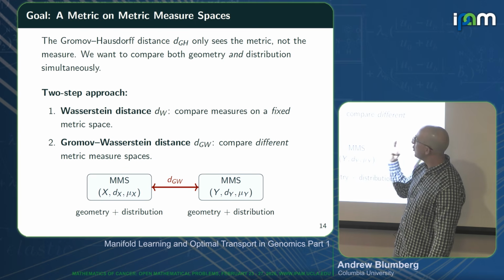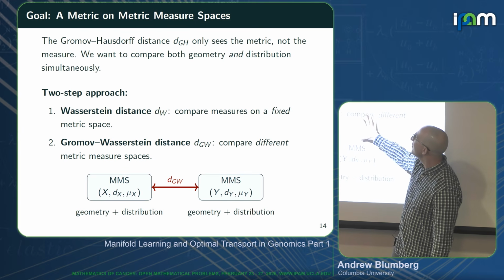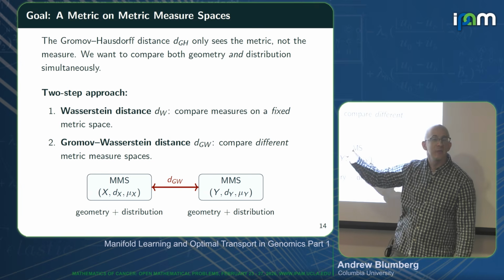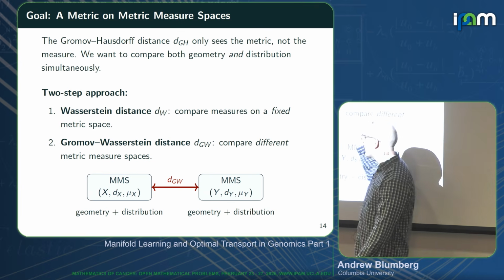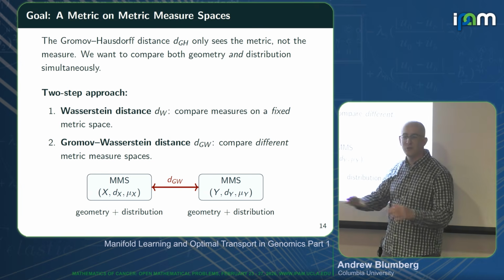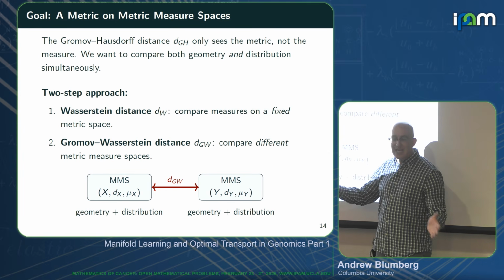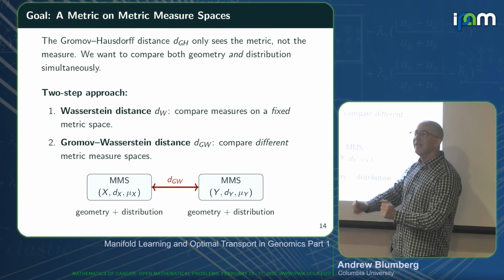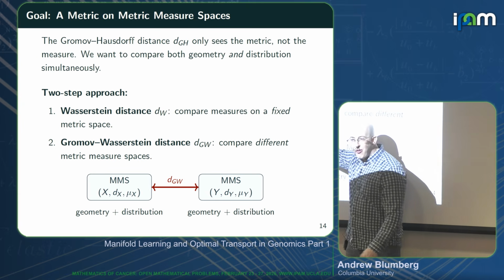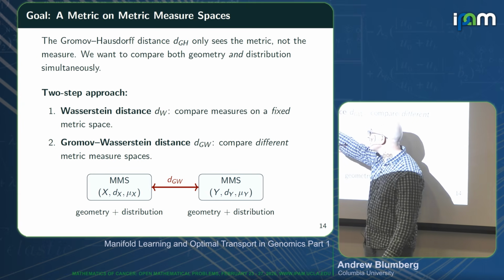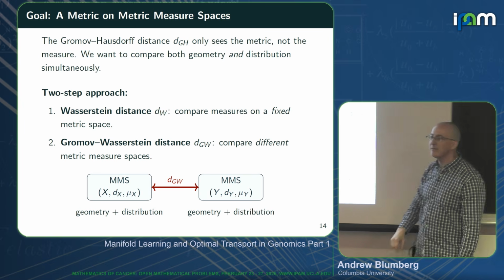Two, it turns out that we can't compute integer programs. And if you have spent any time around optimization, the first thing you would think is, well, let's relax it to a real program. If you do that, what you get is the same thing that we'll get by first principles, a metric on metric measure spaces.